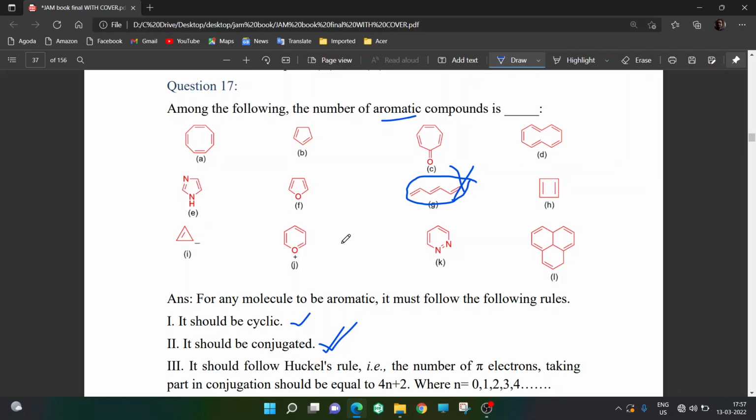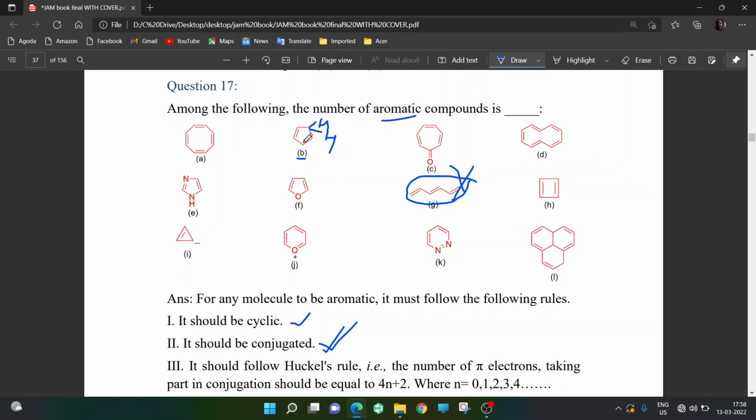So let us look at molecule B. The valency of carbon is 4, so it should have 4 bonds. Two bonds are part of the ring, and 2 bonds are joined with hydrogen. So all the carbons are sp3 hybridized and there is no unhybridized p orbital.